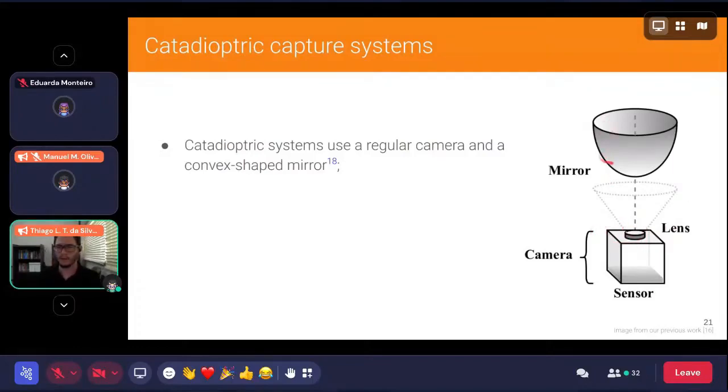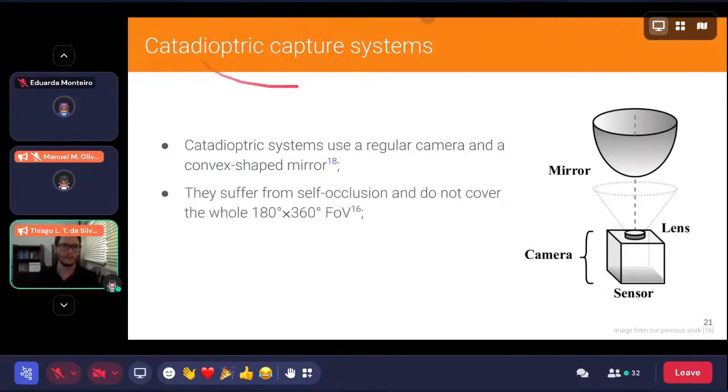What we use here for capturing the whole scene information is a convex mirror. So we face this convex mirror to the camera sensor, and this camera can capture all the horizontal information with this combination of devices.